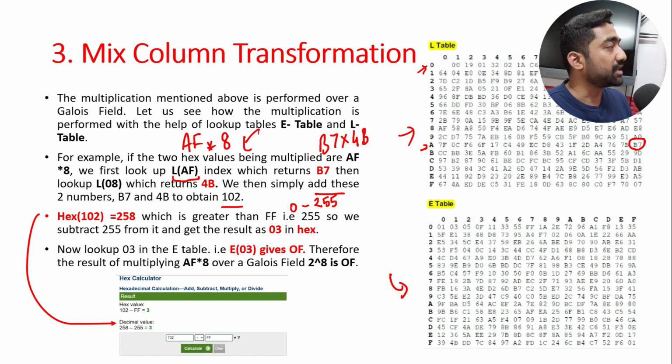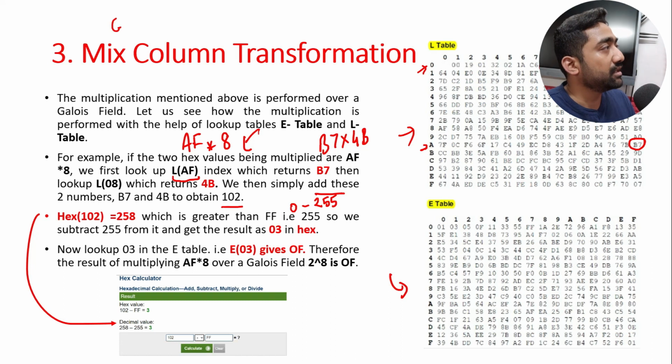So we will subtract 255 from this and we will get the result. For example, if any value doesn't go beyond 255, then this step can be omitted. But over here, the value goes beyond 255. So we have to subtract or take a mod basically to get the result within 255. Why are we doing this?